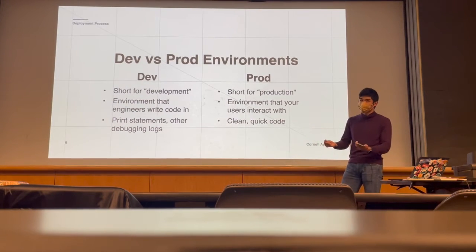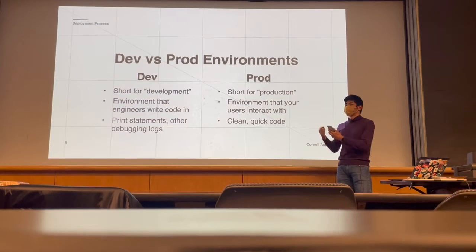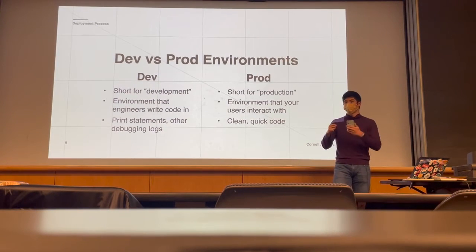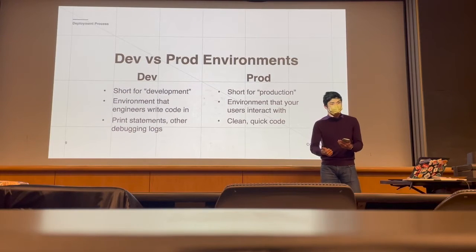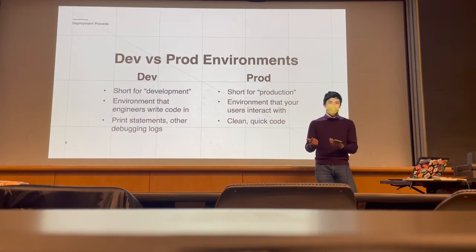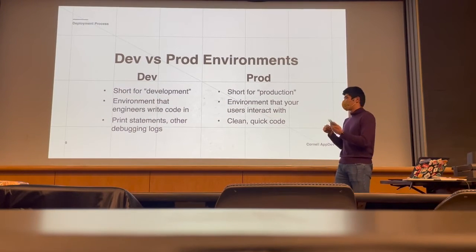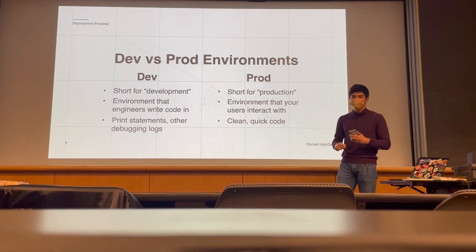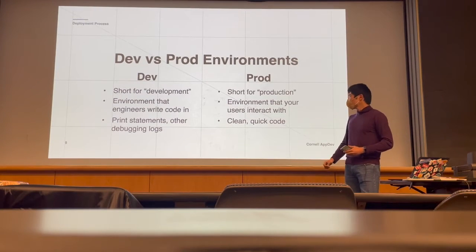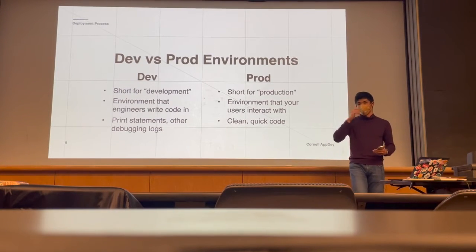Whereas the prod code base, or environment, is the code base that your consumers and your customers are going to be interacting with. So this has to be print statements free, it has to have good style. It basically has to be the most sleek and quick it can be so that our consumers have a good time using our code. Okay, so that's what dev and prod means.